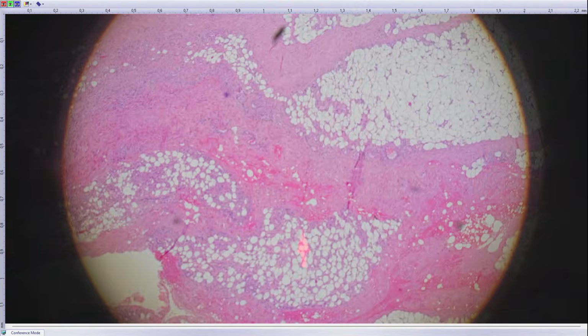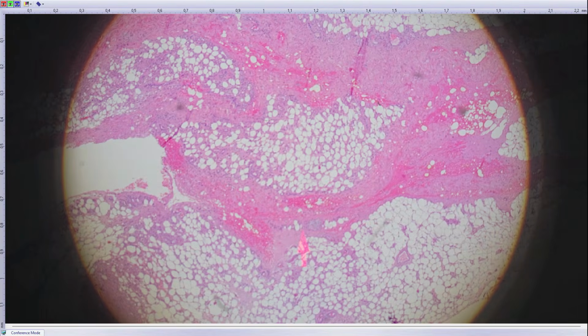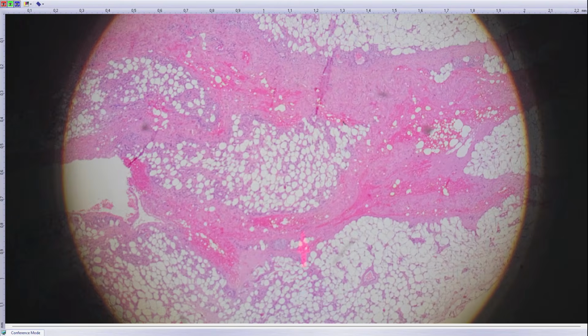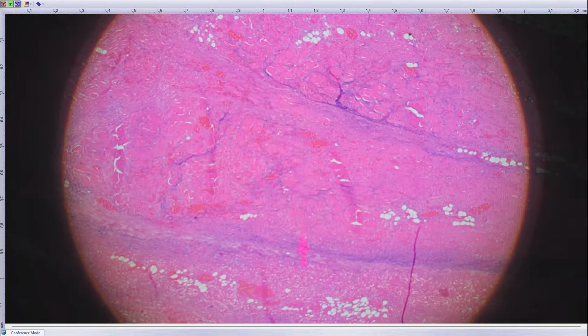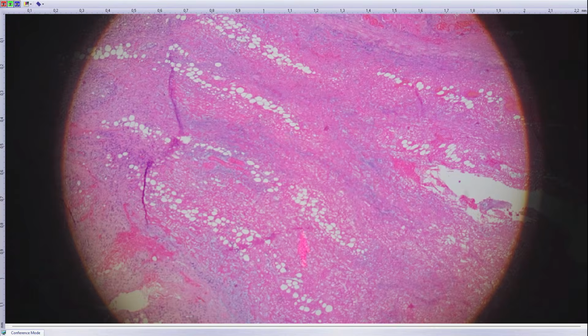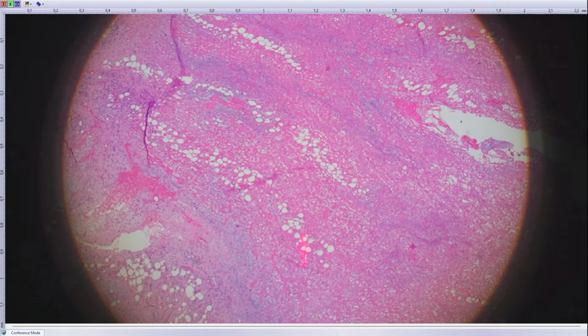So this is a picture of so-called atypical decubital fibroplasia, which today is more often called ischemic fasciitis. This is a lesion occurring in areas of long-standing pressure-induced ischemia.